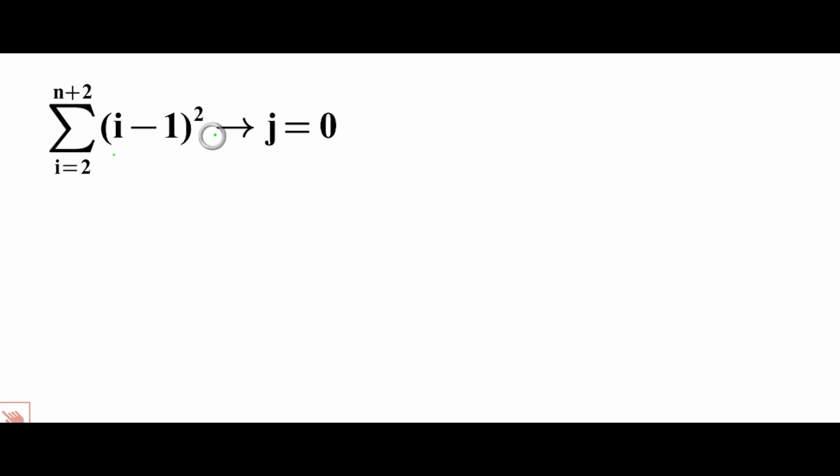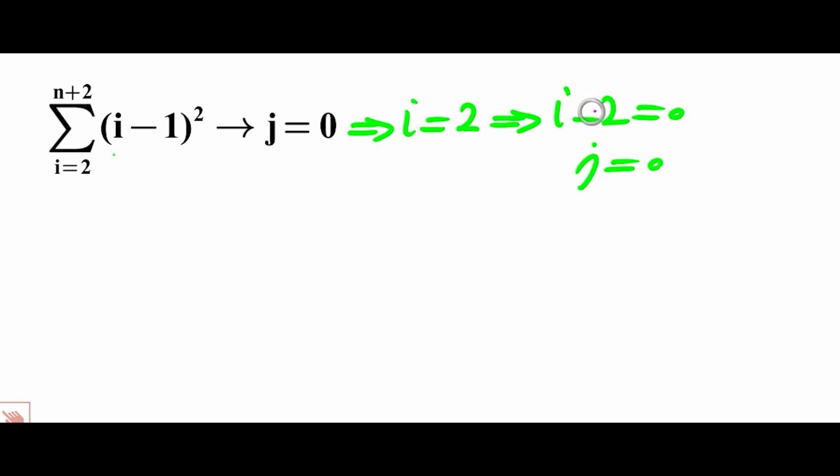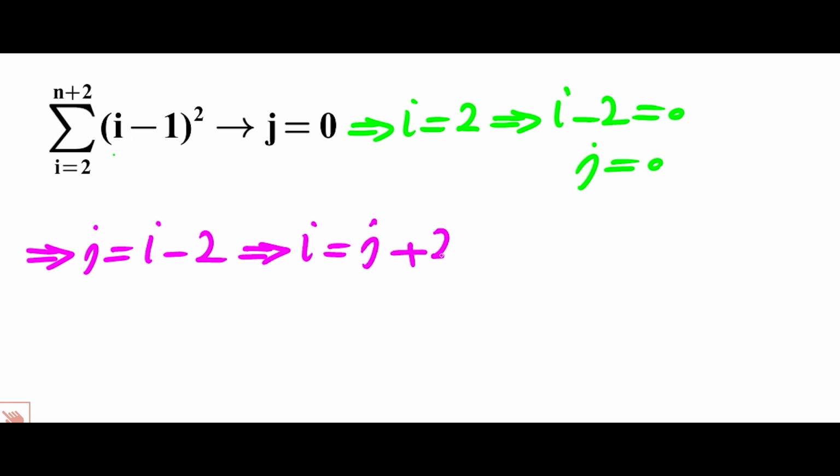Number 5. Rewrite the following summation so that it starts at j equals 0. When i equals 2, i minus 2 equals 0, right? And we want j equals 0. So let j equals i minus 2, so i equals j plus 2.